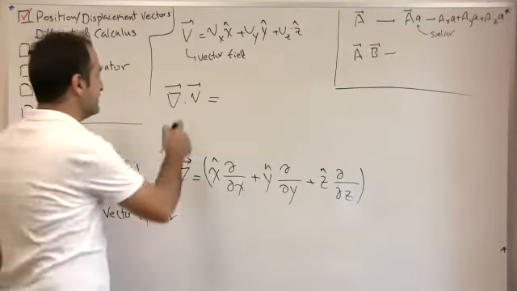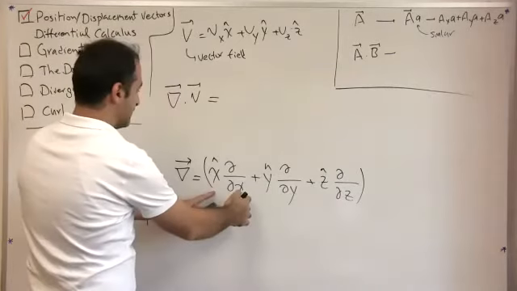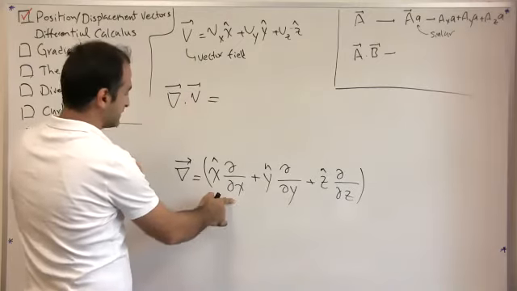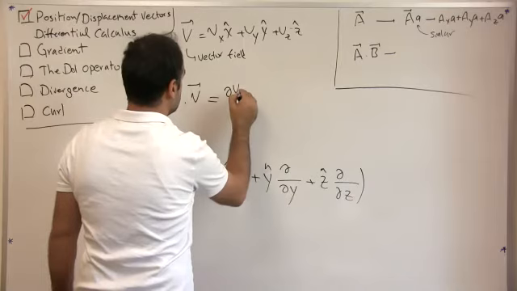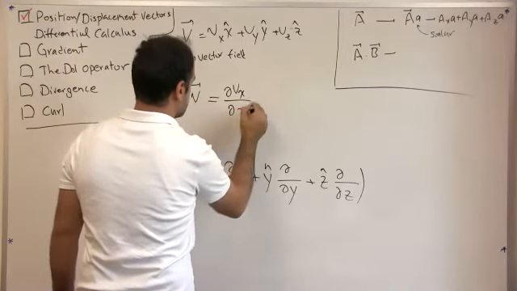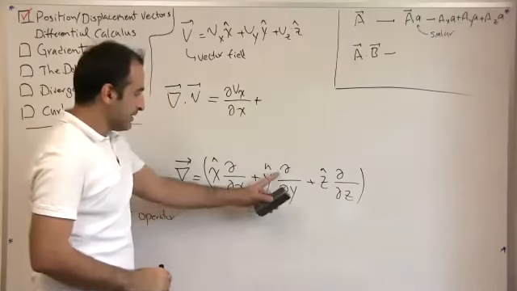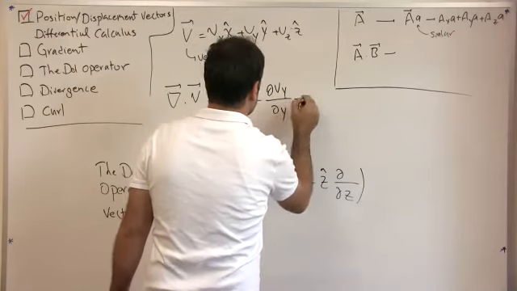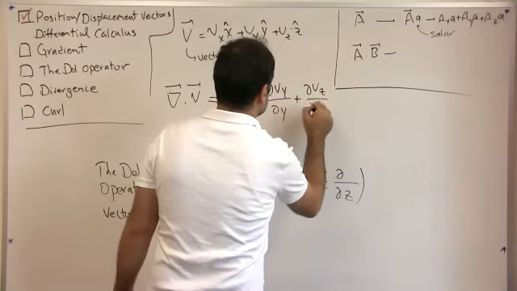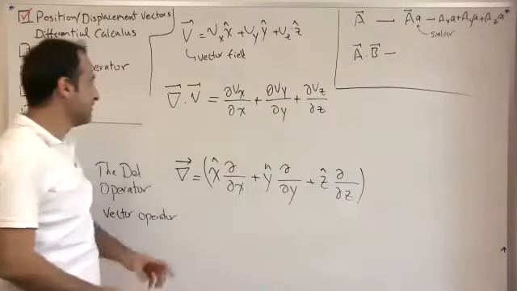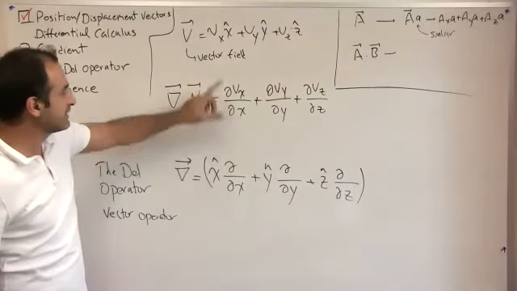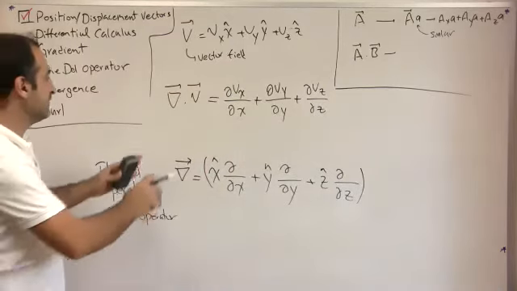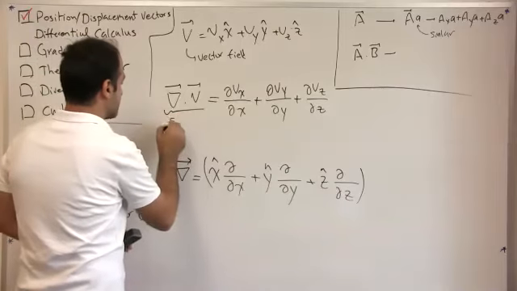This is going to be the x component of del acting on the x component of v, so it becomes partial vx over partial x plus partial vy over partial y plus partial vz over partial z. Because it's a dot product, the like components act on each other, and we add them algebraically. So the outcome of this combination is a scalar.